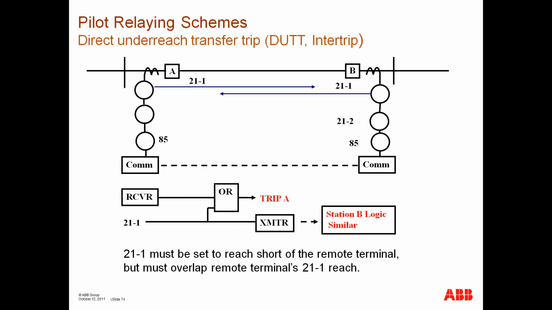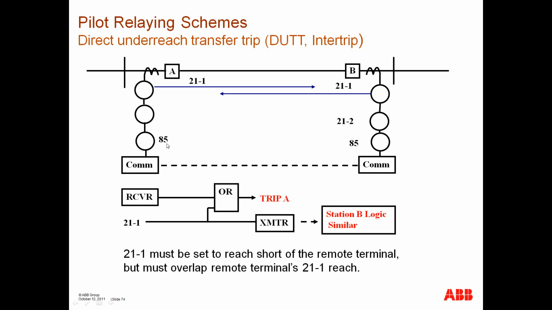Direct underreaching transfer trip. These systems are normally not applied to power line carrier, but can be to on-off carrier. But in this case, really what it is you set up zone 1, okay, an underreaching element that if it sees a fault condition, it sends a trip signal to tell B terminal to trip.